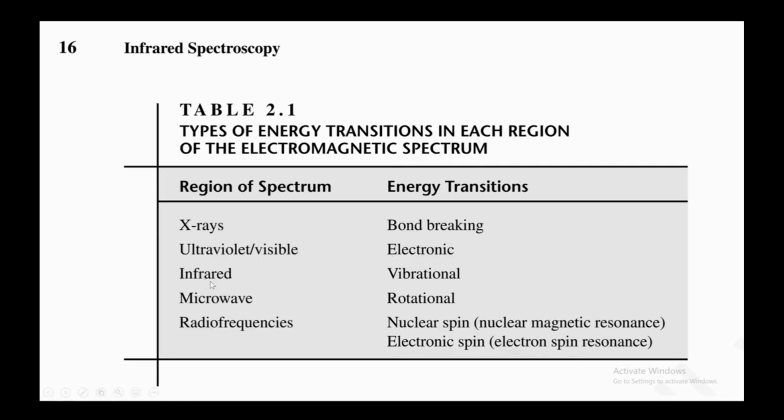Then we have infrared radiation, they are able to cause vibrational transitions. Then we have microwave radiation, they are able to cause rotational transitions. Then we have radio frequencies: nuclear spin, nuclear magnetic resonance, electron spin, electron spin resonance. So these are the energy transitions that can be caused by these radiations.